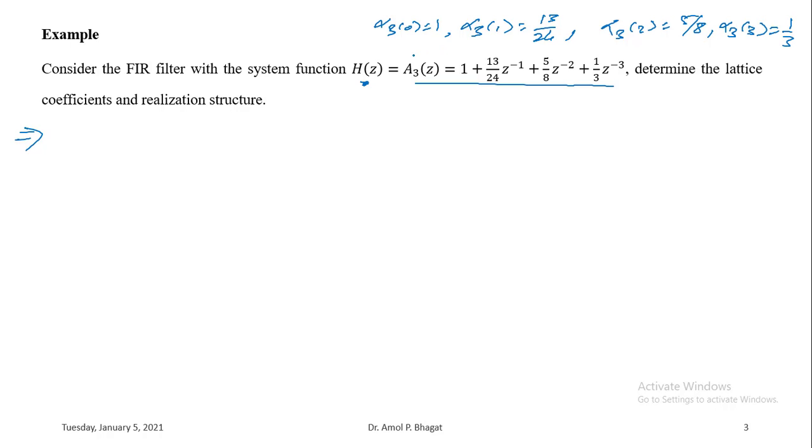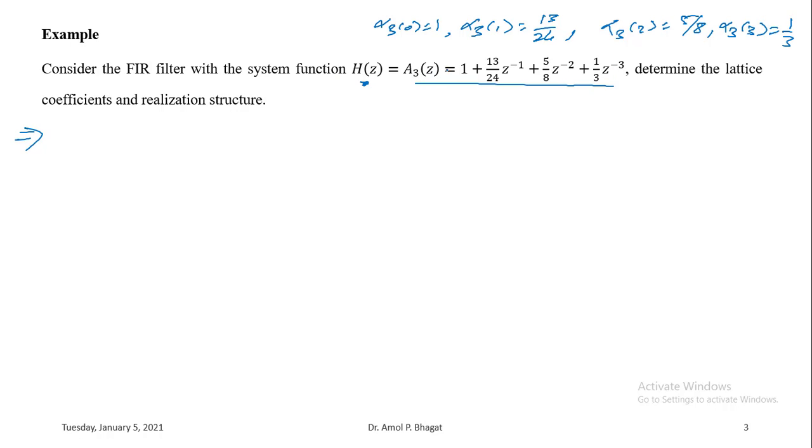Okay, so these are the direct form filter coefficient. We have also seen the realization of this equation in previous session. So from these coefficients we have to obtain the lattice coefficients, as well as we have to obtain its realization structure. Okay, realization structure we have drawn in previous session itself, but again I'll draw it.